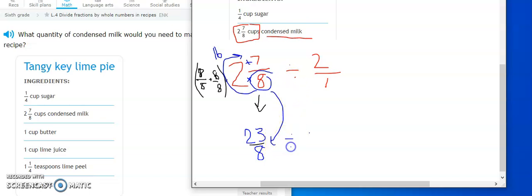And this would be the same as dividing it by 2/1, but I'm going to go ahead and show my keep change flip formula. In order to do this, instead of dividing, it becomes multiplying. Instead of 2/1, it is now 1/2. But I'm still just going to multiply across to solve for this.